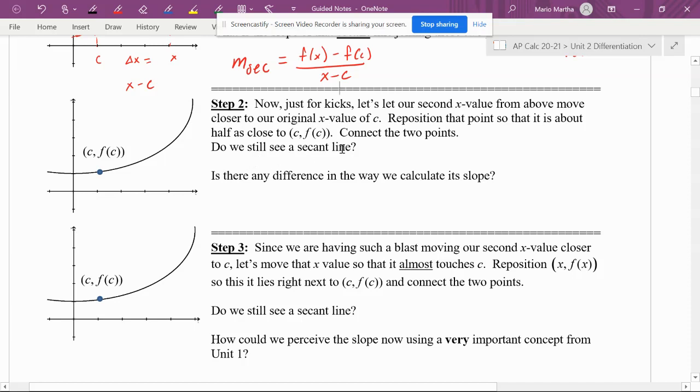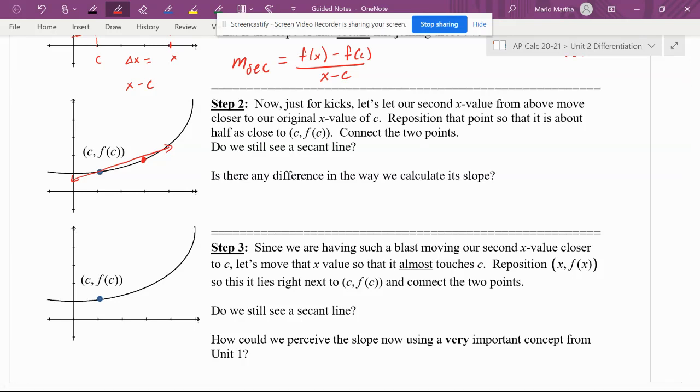In this case, let's move it half the distance. We were about 4 on top right here, so half the distance would be 2, and that's our new point. What do you think? Do we still see a secant line? In this case, we still do.